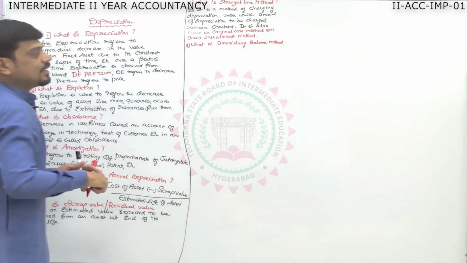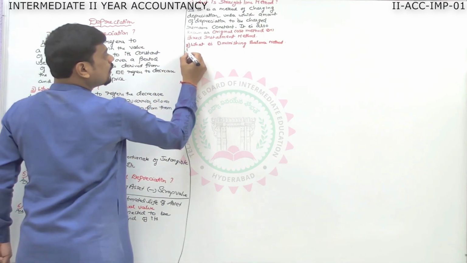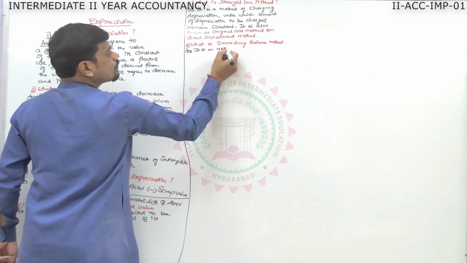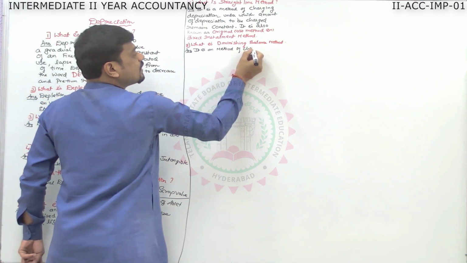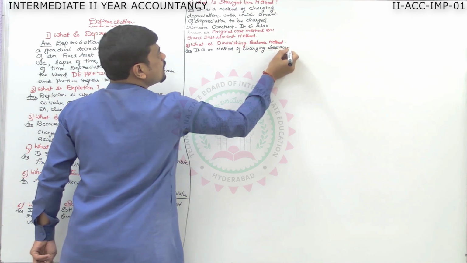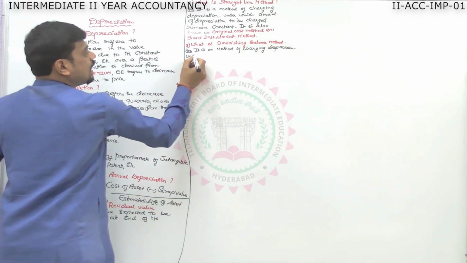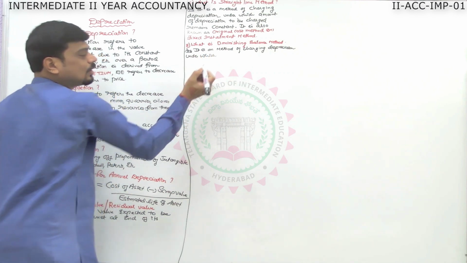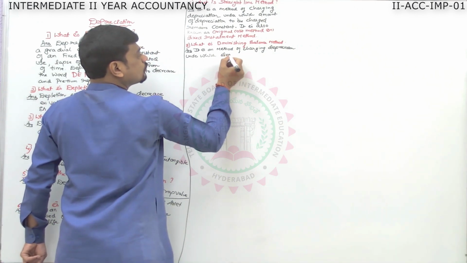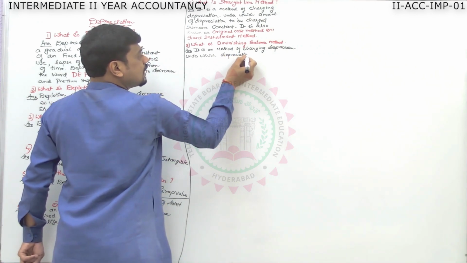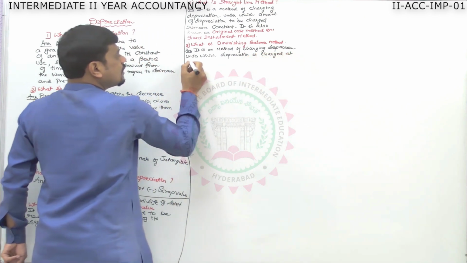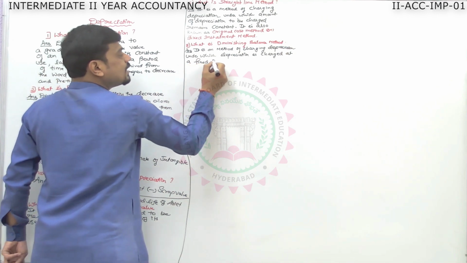Diminishing balance method. So how will the answer be for this method? We'll write, it is a method of charging depreciation under which, now please concentrate on the words, under which depreciation is charged at a fixed percentage.